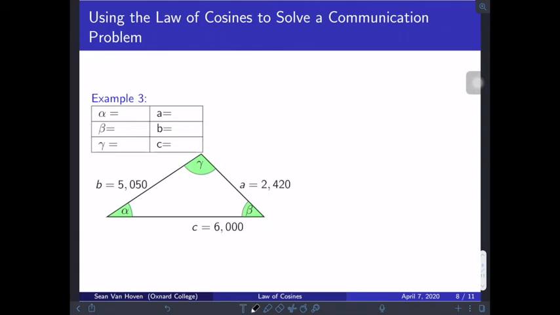So let's start off by finding alpha. We'll get that the cosine of alpha is equal to 5050 squared plus 6000 squared minus 2420 squared, all over 2 times 5050 times 6000, or that our alpha is equal to the arc cosine of, once again, everything that we had written previously.